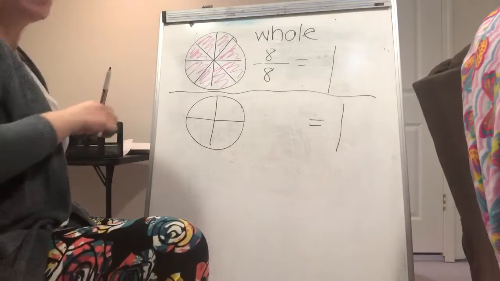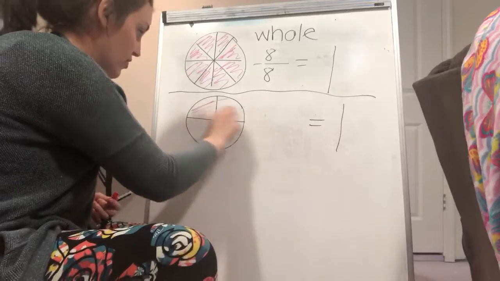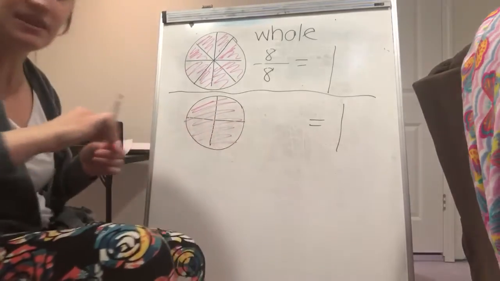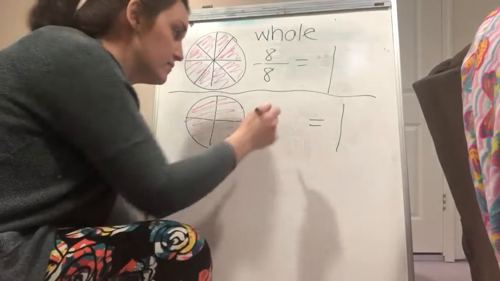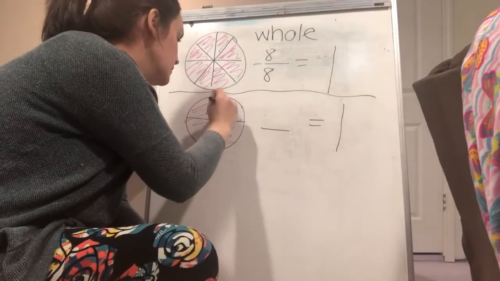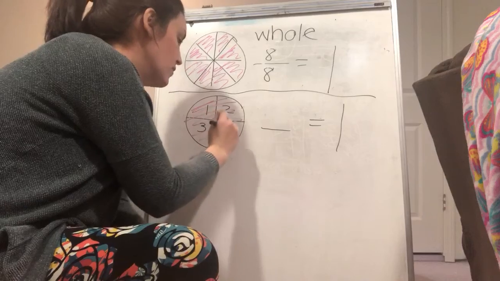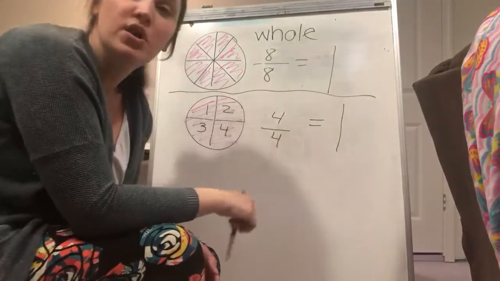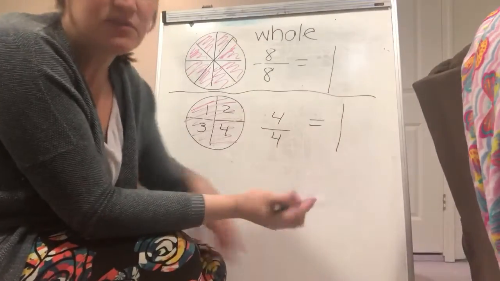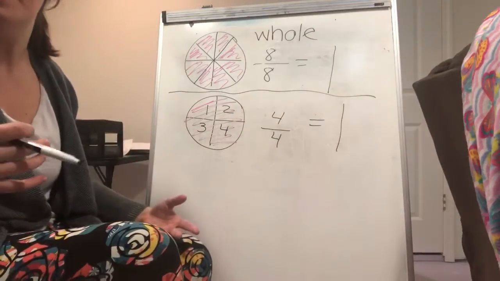Every single piece. How much are we going to shade? The whole thing. How many pieces were there? 1, 2, 3, 4. And how many pieces did he eat? 4. So we know he ate 4/4 or 1 whole pie.